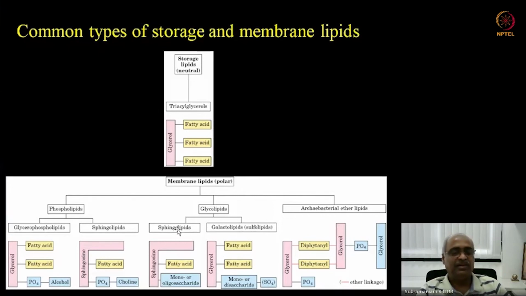Then you have this sphingolipid. Instead of the phosphate group, you could have an oligosaccharide attached, and they are the sphingoglycolipids. So this is the phospholipid group where the phosphate becomes part of it. And here the oligosaccharide is the hydrophilic group, and therefore these are glycolipids.